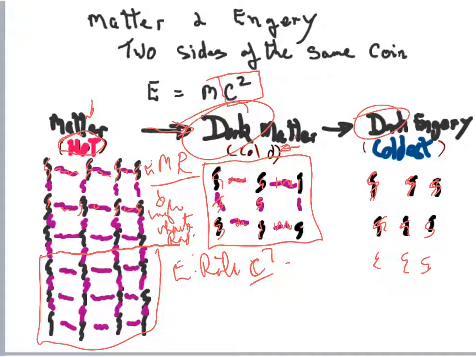I would imagine that it's only a couple of degrees, maybe 10 degrees above 0 Kelvin. And dark energy, because it has no strings, doesn't give off any electromagnetic radiation. So it is about as cold to 0 Kelvin as you're going to get.